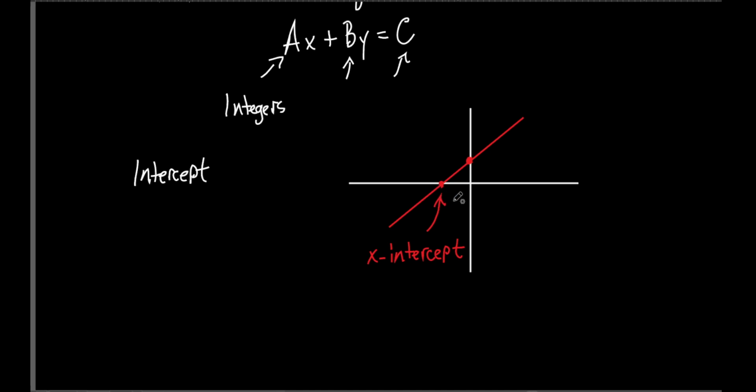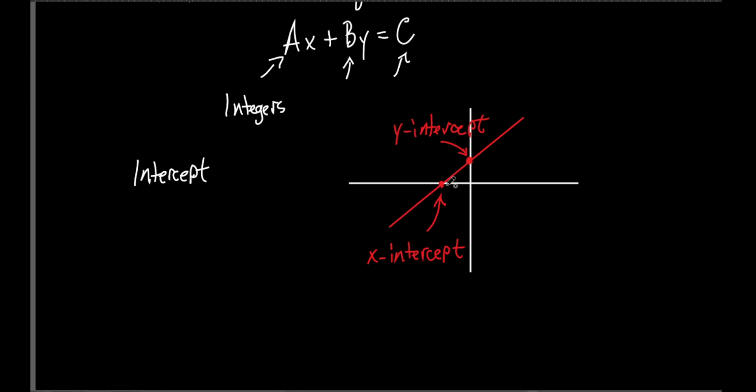That's right, it intersects, right? Different word, but kind of the same thing. It intersects the x-axis. And of course, what do you think we're going to call this point right here? The y-intercept. Good. So that's the x-intercept and that's the y-intercept. With me so far? All right.